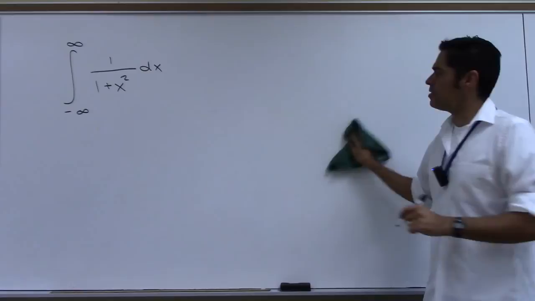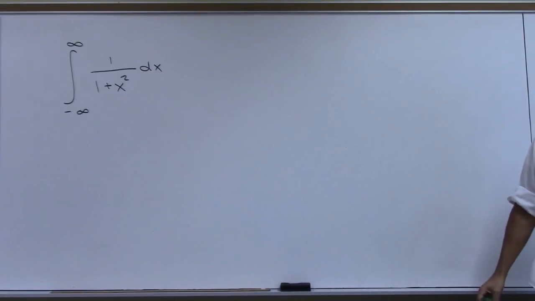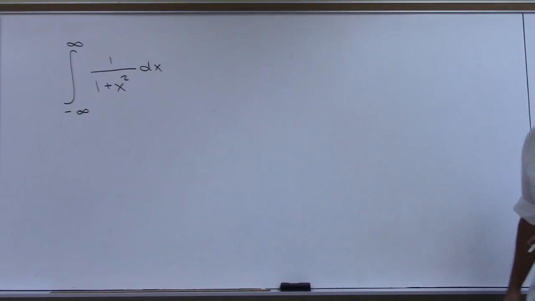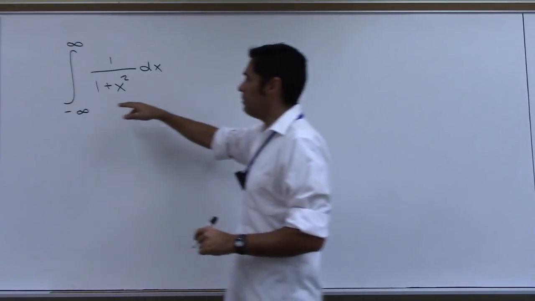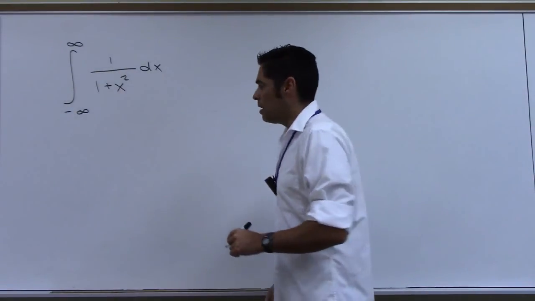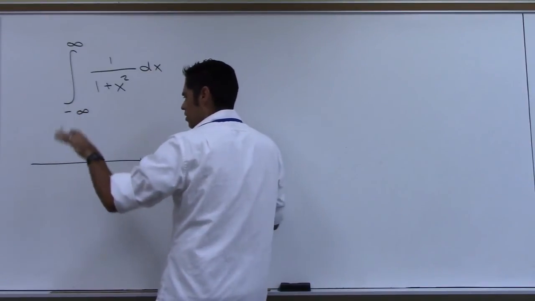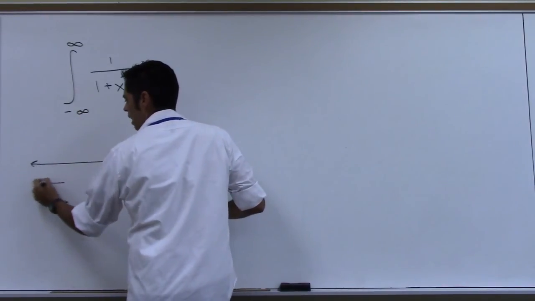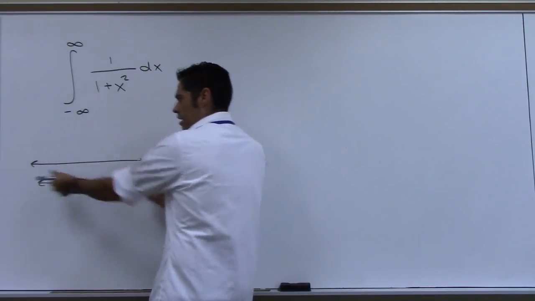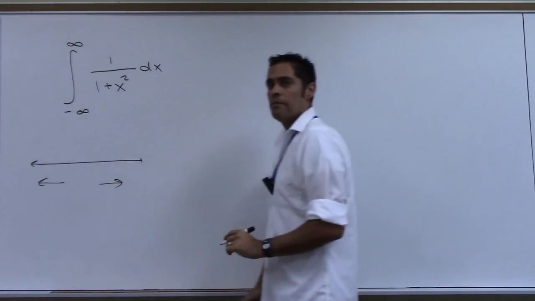So we look at this, and we notice the limits of integration are infinite. And so we know that we are integrating over the entire number line, right? We're looking at the function, whatever it's doing, and we're looking in both directions forever.